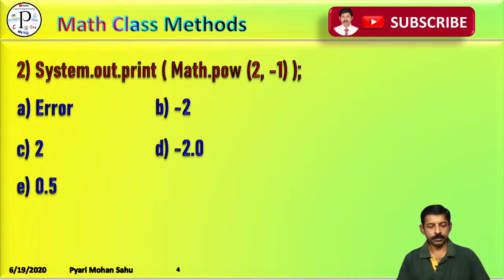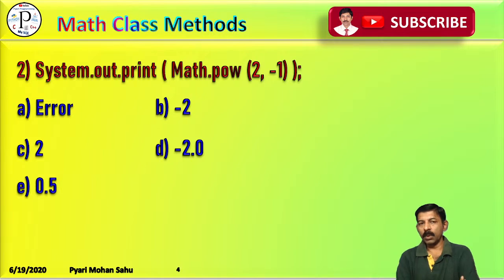2e. Reason? Yes, got it. Quickly give me the reason. It is 2 to the power minus 1. But how did I get a fraction value? Why is the integral part not available? 2 to the power 1 is 2.